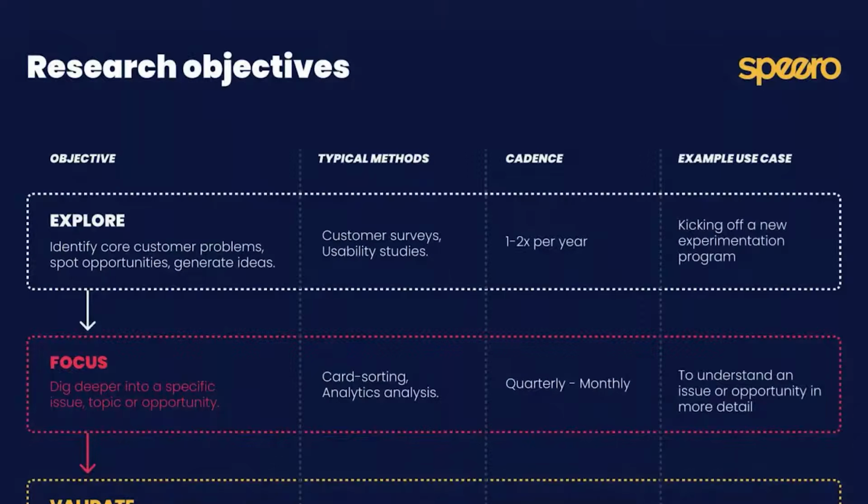Now, the cadence of something like exploratory research tends to be less frequent. So we're talking something like once or twice a year. Now, the specific cadence is going to depend on how quickly the business that you're working with or in can action the recommendations from exploratory user research.